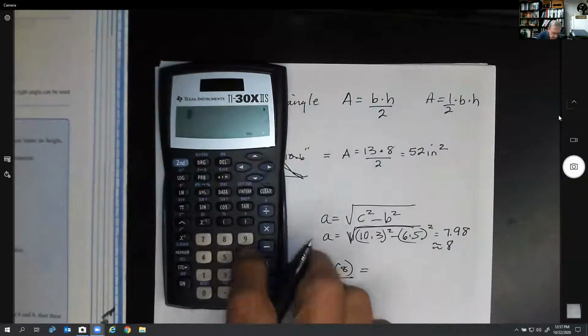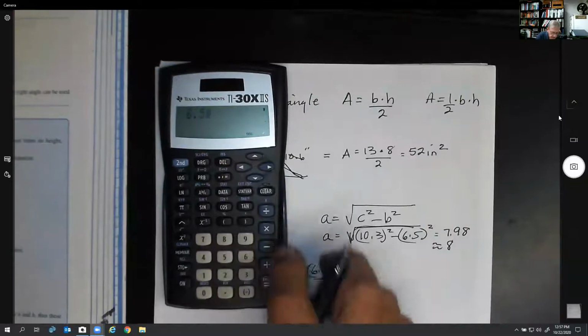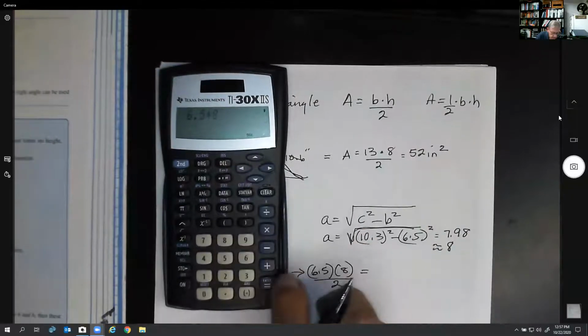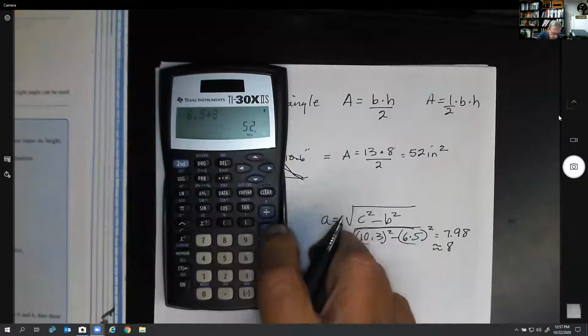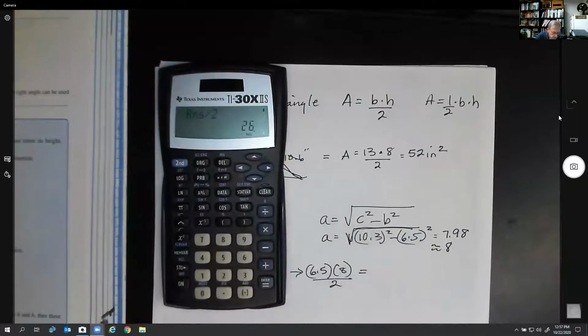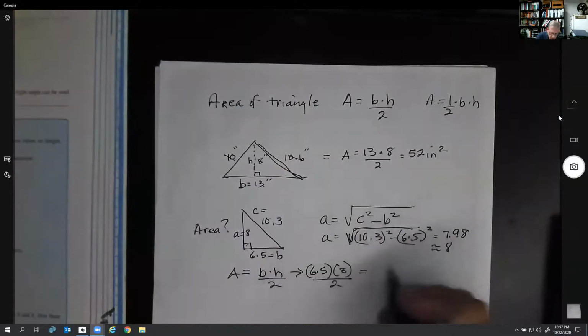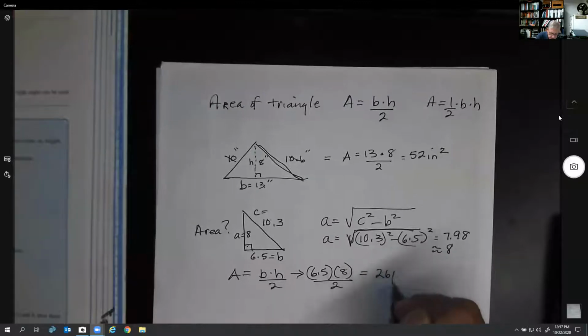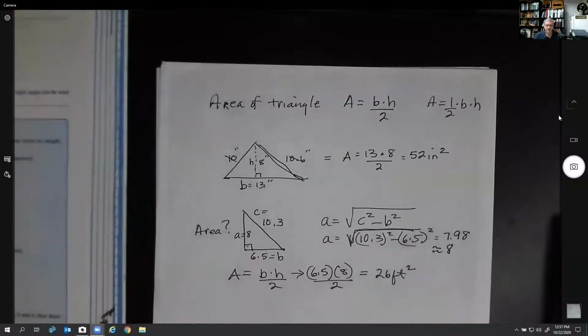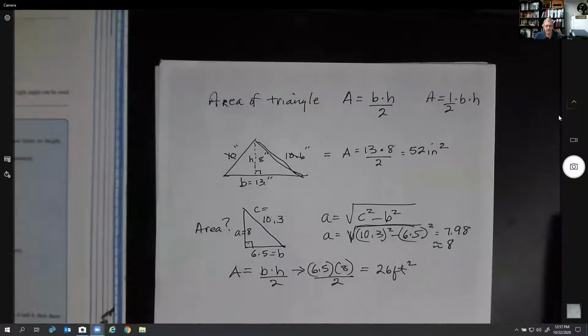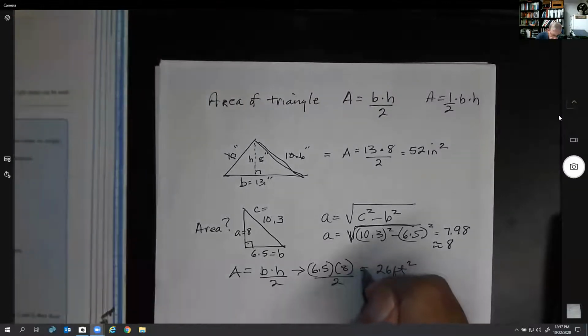Clear that out. 6.5 times 8, divide by 2, 26. So we would call this 26 feet squared, approximately.